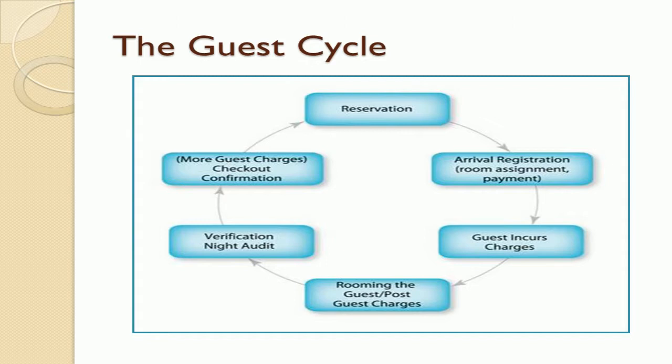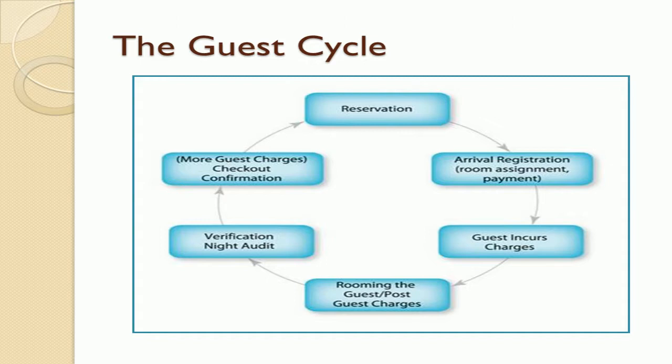When they have made the reservation, they will arrive and register themselves at the front office, and then the guests check in. When the guests check in, there are a lot of things they can do. They can go to the restaurant, order room service, or use amenities in the room like movies or phone, and because of that, charges occur.